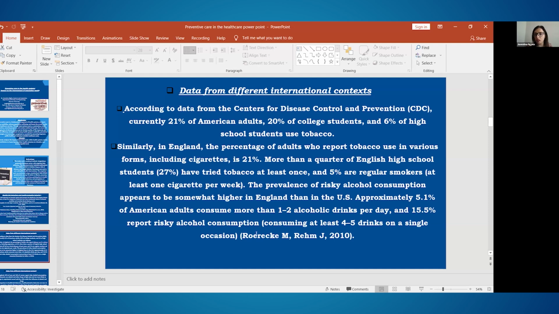The prevalence of risky alcohol consuming appears to be somewhat higher in England than in the US. About 1.7% of American adults consume more than 1 or 2 alcoholic drinks every day, and the others consume at least 4 to 5 drinks on an occasion.